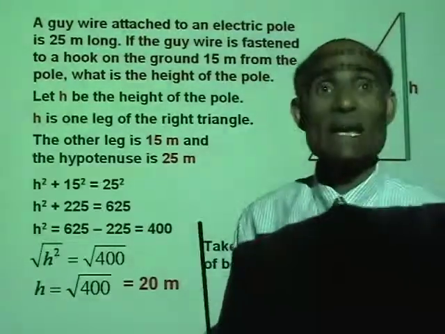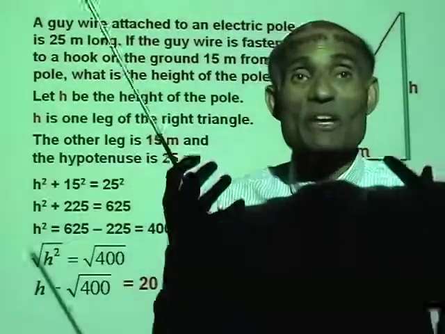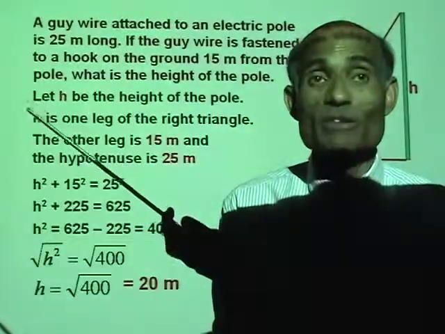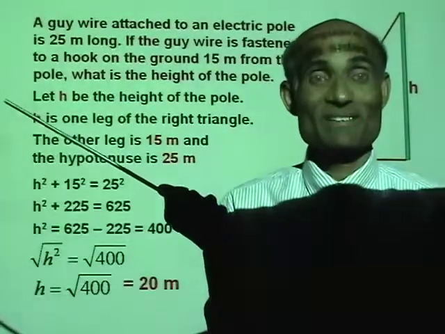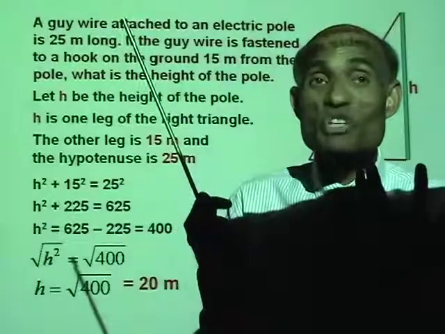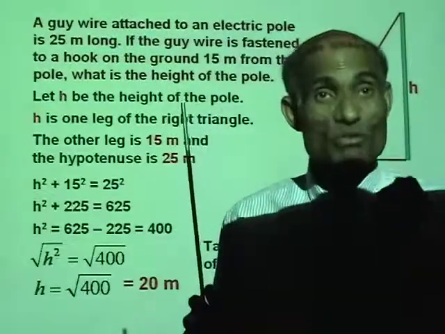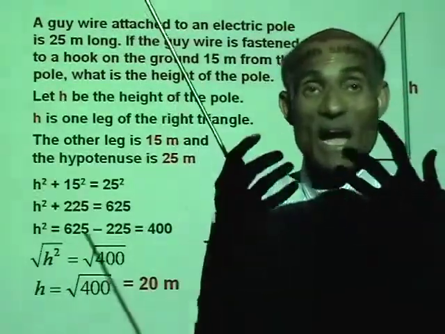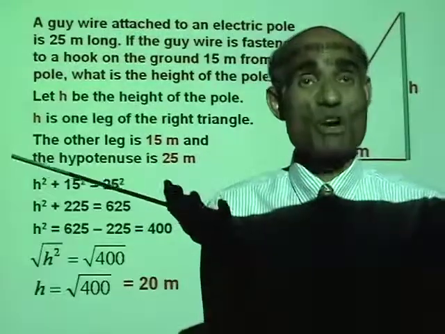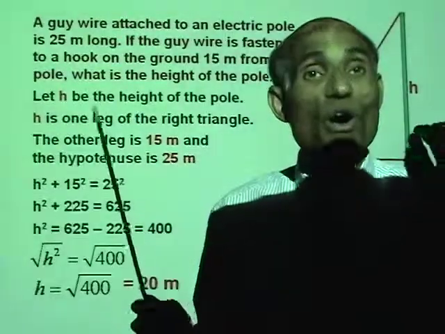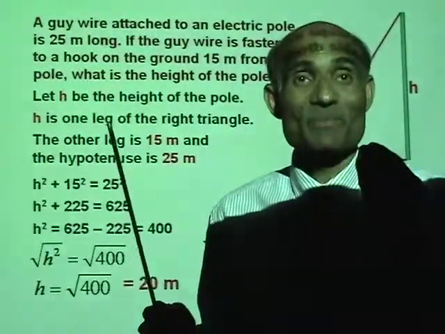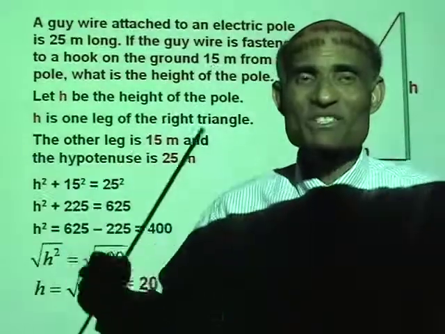Alright, what I have done here is to give you an introduction on radical expressions. So now you understand the meaning of square root, cube root, and how to find the square root and cube root of certain numbers. Alright, you must practice some of this.